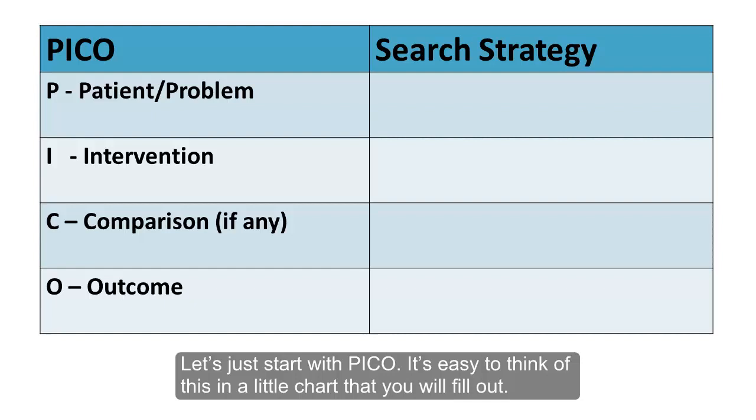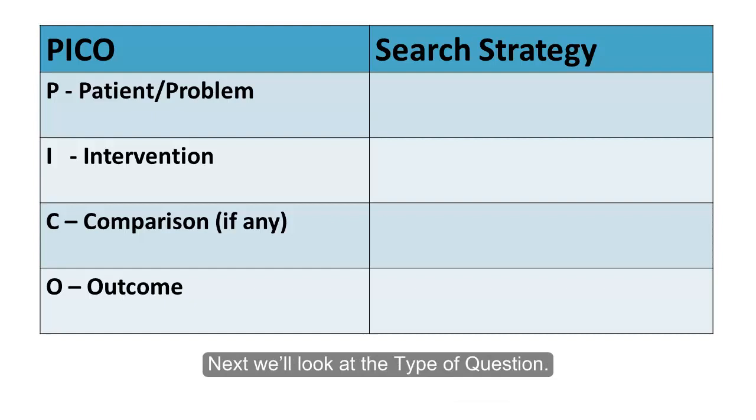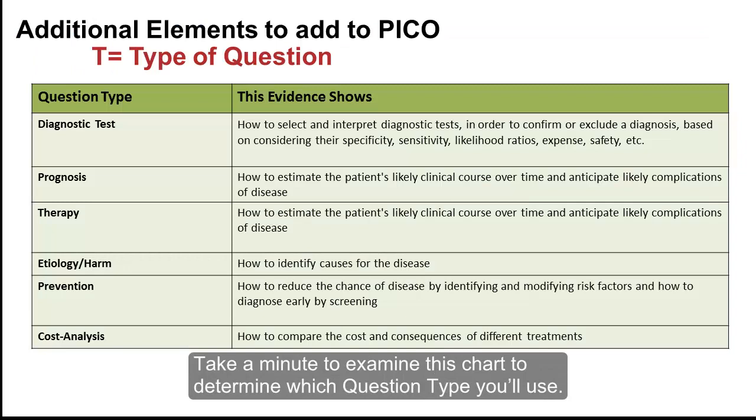Let's just start with PICO. It's easy to think of this in a little chart that you will fill out. Next, we'll look at the type of question. Take a minute to examine this chart to determine which question type you'll use: diagnostic test, prognosis, therapy, etiology harm, prevention, or cost analysis.